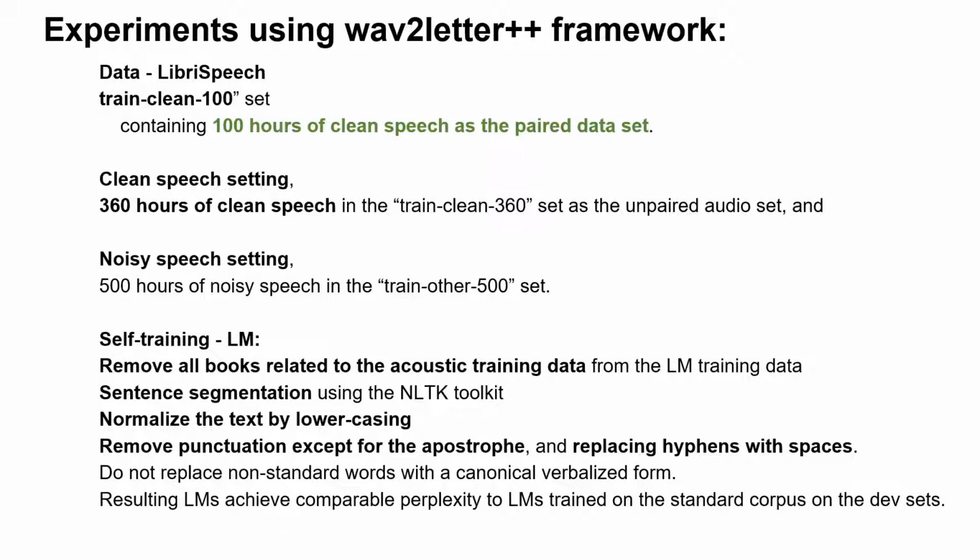Some people go for stemming or using the canonical form of the word, but this was not done here. The resulting language model used for the self-training was comparable to the model you could get from the standard corpus.